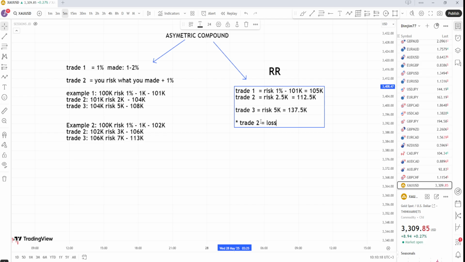I am here at 105K, I risk 2.5K, I lost. So I have 102.5K plus the 1K, the initial, which I haven't touched. From 105 I risk 2.5K, I lose it, great, move to the next one.